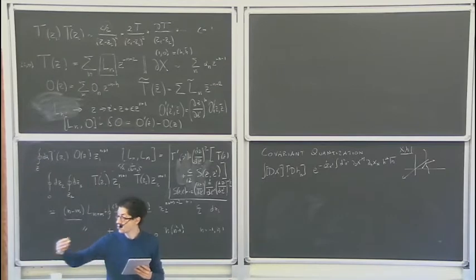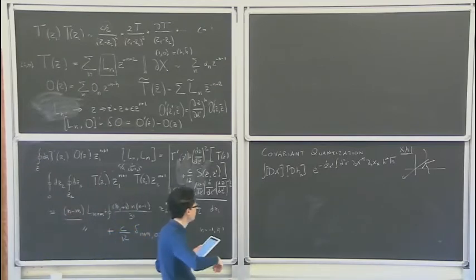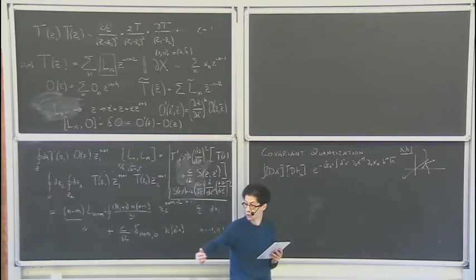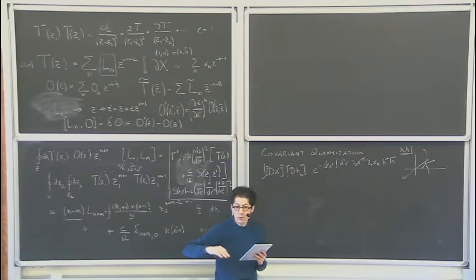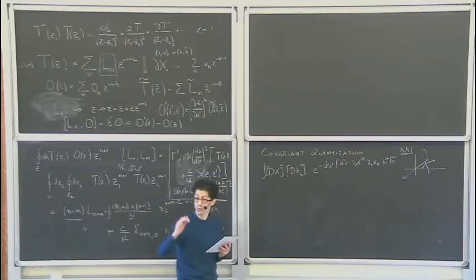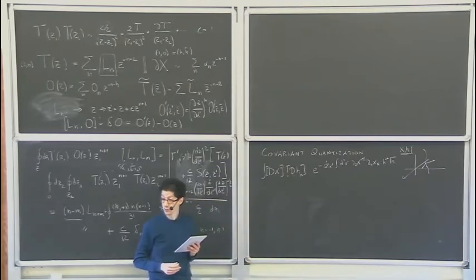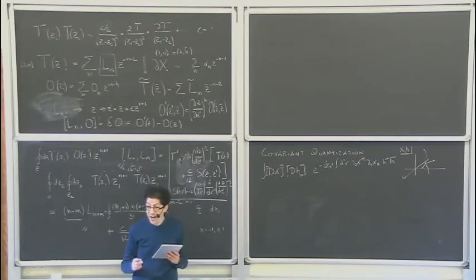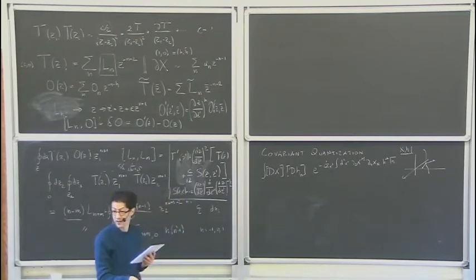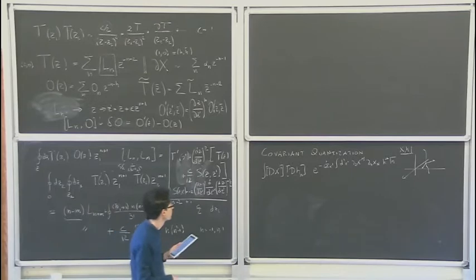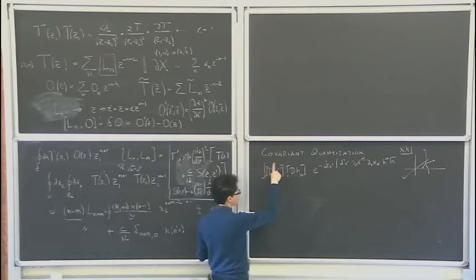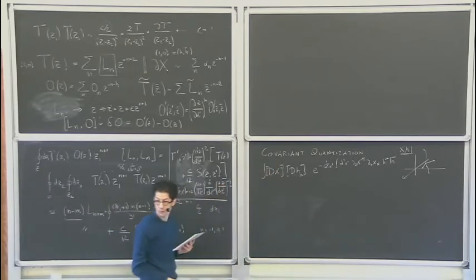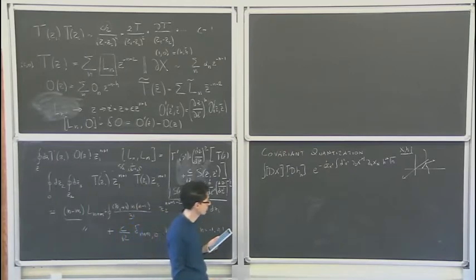You can take h to be the Euclidean, flat metric, X to be any classical solution of the string, and then you expand around the classical solution and integrate over all possible fluctuations around that solution, and then you want to define a norm of those fluctuations, right? And that gives you a definition of this measure.